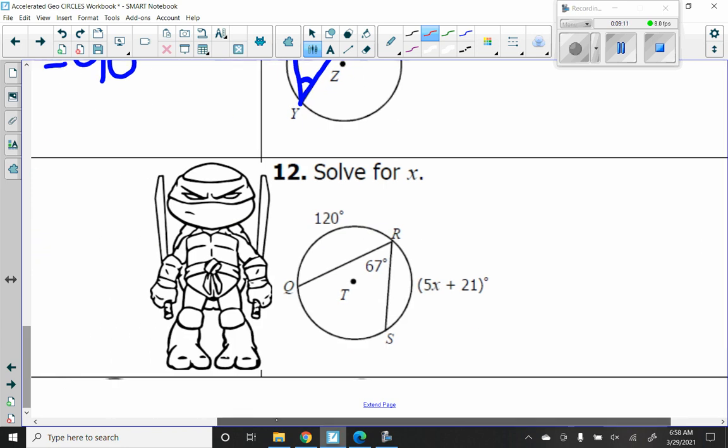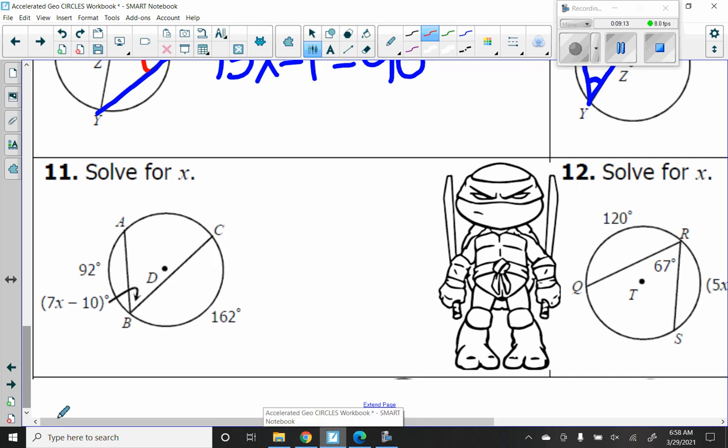Okay, let's keep going. I'm going to give you plenty of examples here. This angle is half of this arc, and I can find that arc if I consider that all 3 of these arcs, there's 1 and 2, and there's your third, add up to 360. So 360 minus 162 and minus 92 is 106.